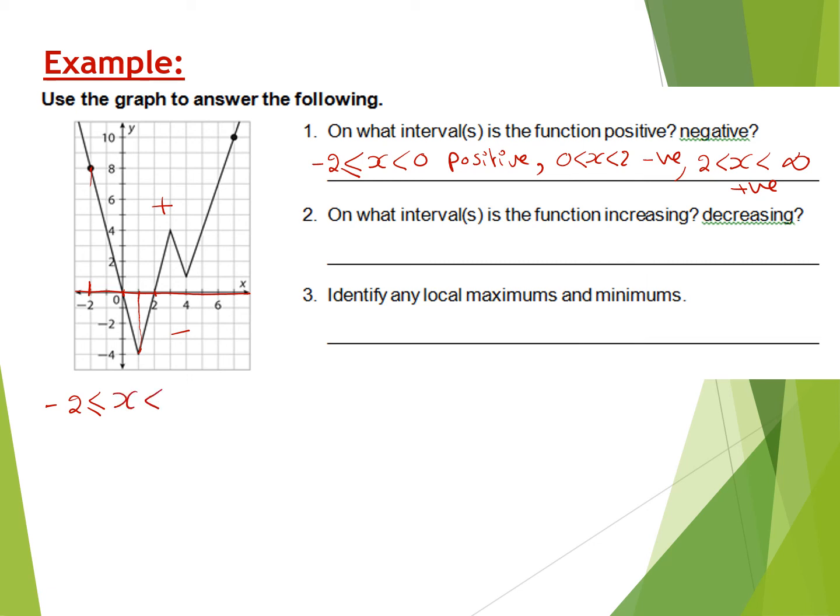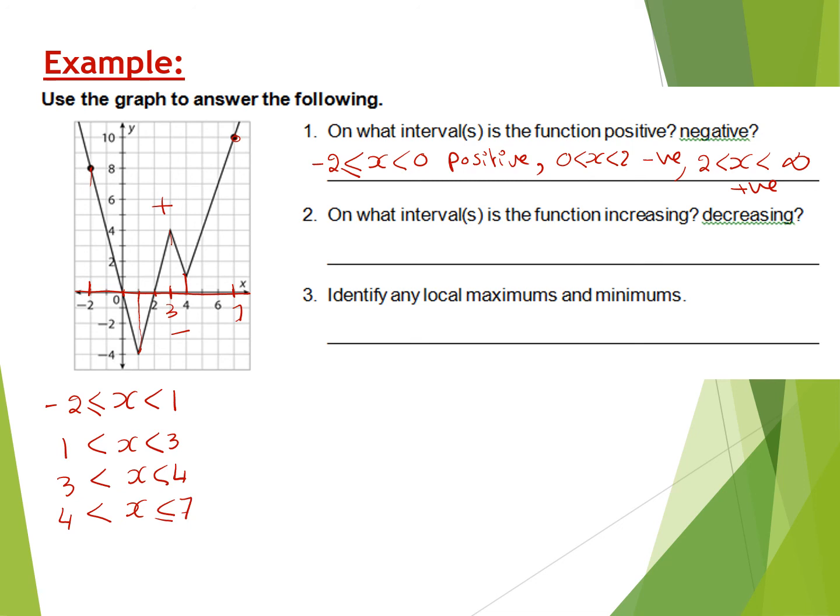The peak here is at 1, and the other part from 1 to this part is at 3, and then from 3 to this part it's 4, and the last part is from 4 to this, it's also closed, till 7. So it's from 4 to 7 closed.